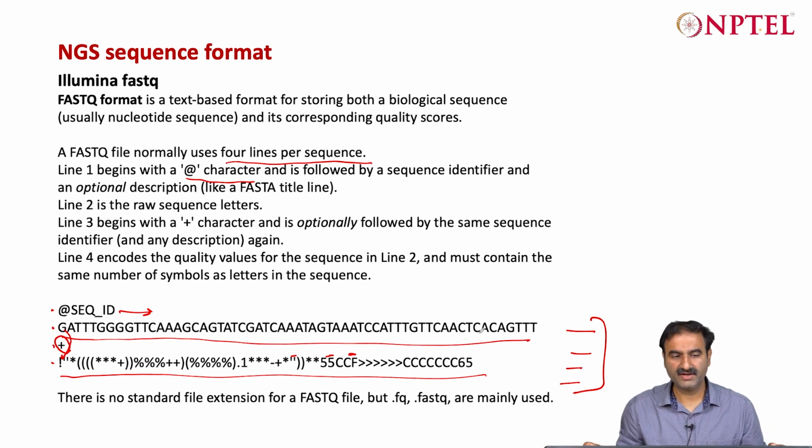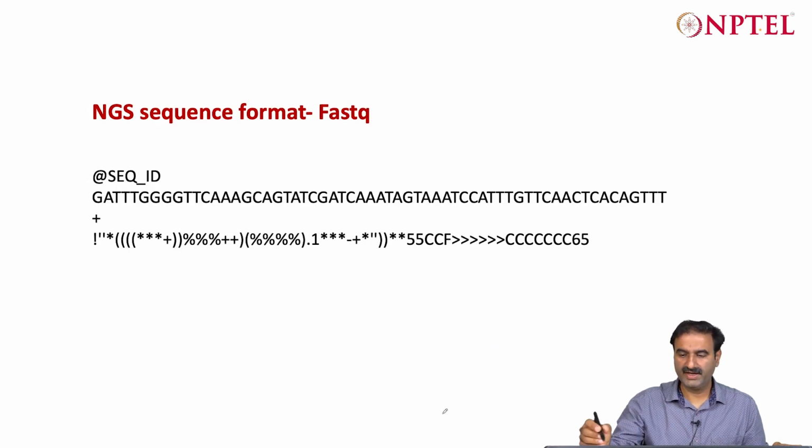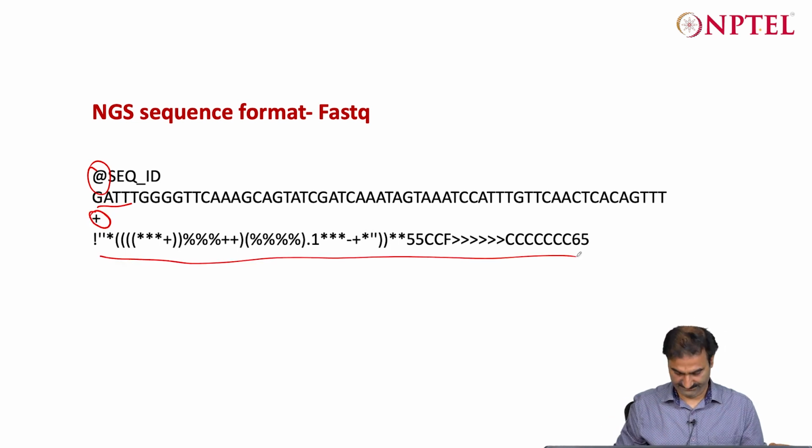So this is the typical NGS FASTQ format, okay, which you can get with extensions like .fq, .fastq in those files, right. So 4 lines: @ symbol, the actual sequence, a delimiter and basically the quality values.